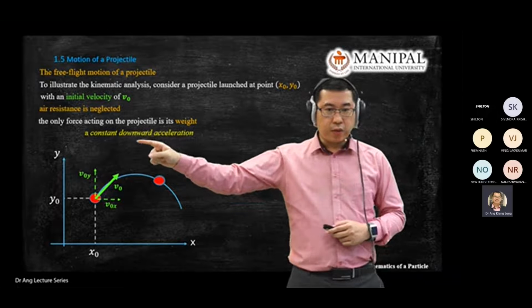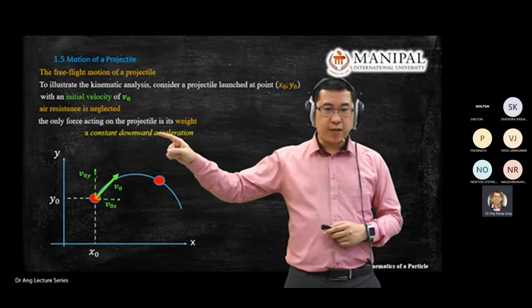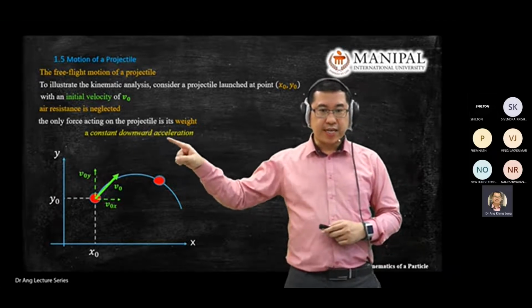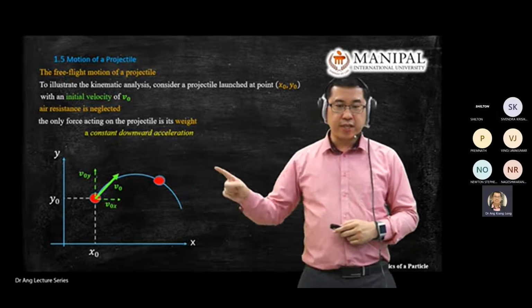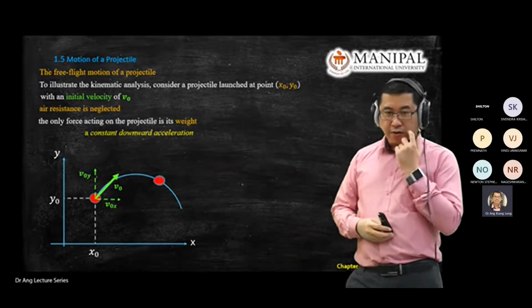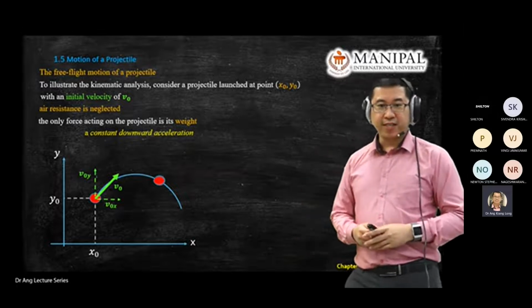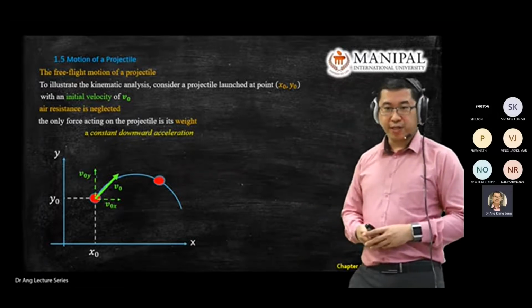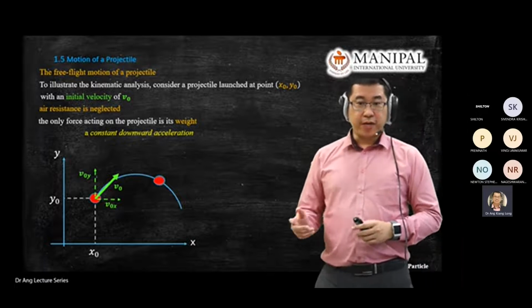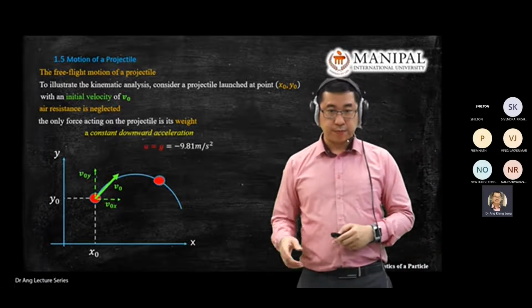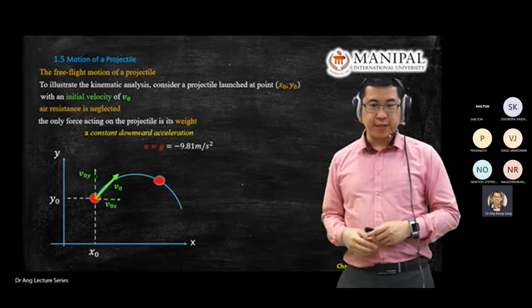And we will have a constant downward acceleration. In this case, this downward acceleration is your gravity acceleration. You should know the standard value for gravity acceleration, right? It's 9.81 in this case.